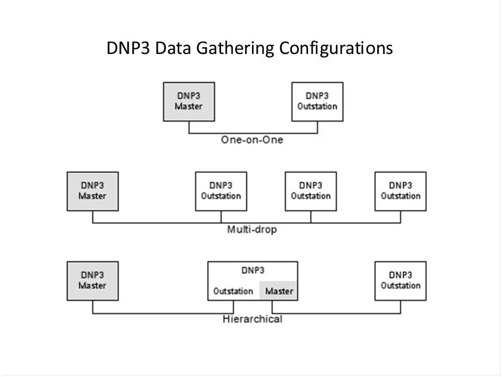Another one is the multi-drop, where you have the master station on the control center, and then you have a set of outstations in the different substations. Then there is what you'd call a hierarchical one, where you may have a master station sitting at a substation, and then there's another level above that going to the control center.